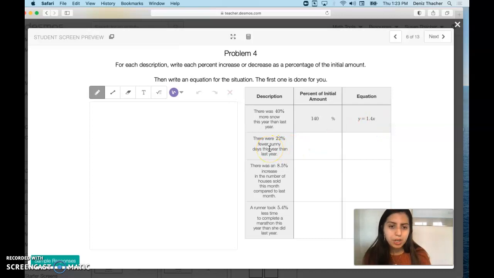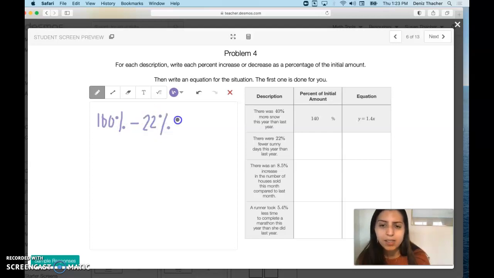Now we have a situation where there were 22% fewer sunny days this year than last year. So we're going to start by taking 100% and subtracting 22 from it, because there were 22% fewer sunny days. So go ahead and subtract. Hopefully you got 78%.